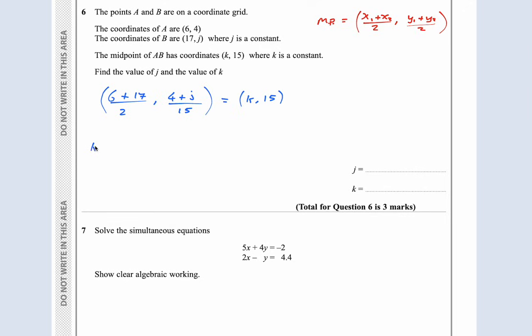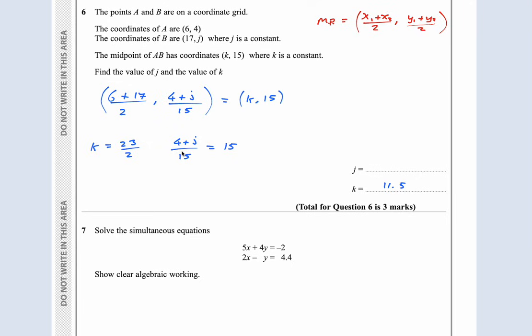So k has to equal 6 plus 17 over 2, which is 23 over 2, which is actually 11.5. And 4 plus j over 15 must equal 15, because basically this equals this and this equals this, because they're just coordinates.